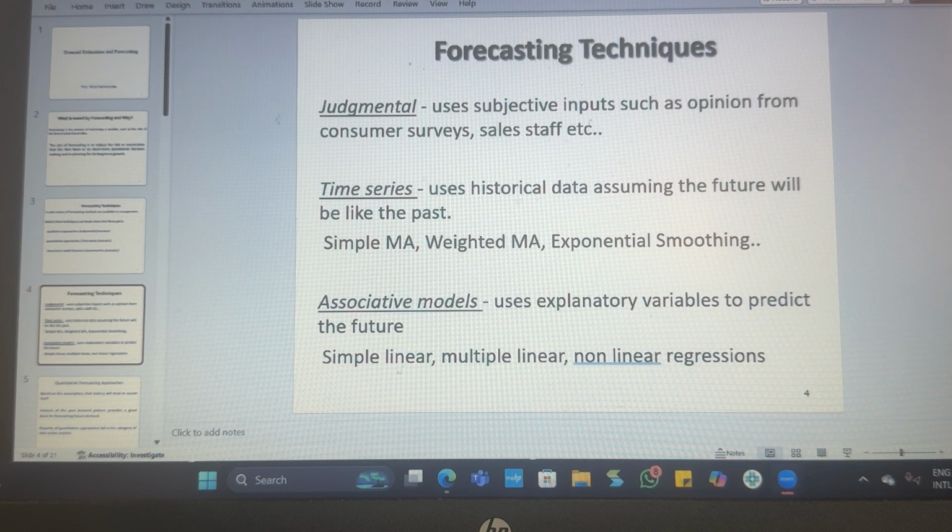Under this one, we will study simple moving average techniques, weighted moving average techniques, and exponential smoothing techniques. And the third one, the associative model, uses explanatory variables to predict the future. That means we can use simple linear regression, multiple linear regression, and also nonlinear regression techniques as well.